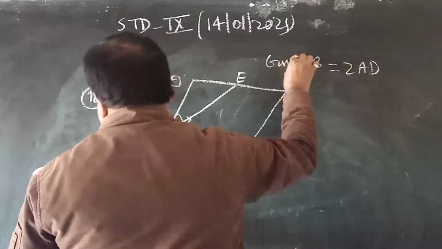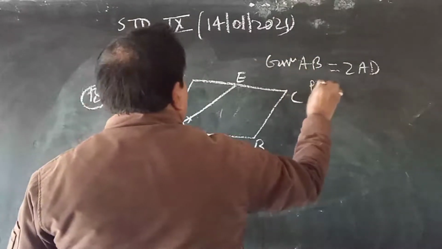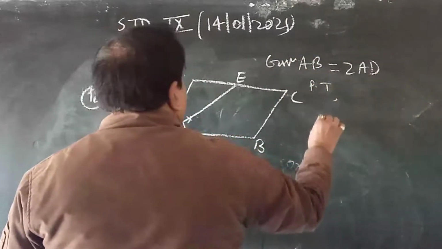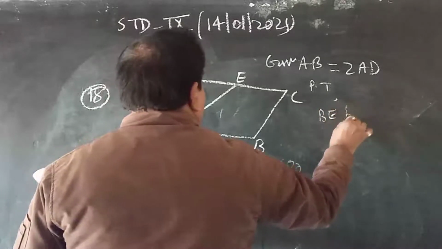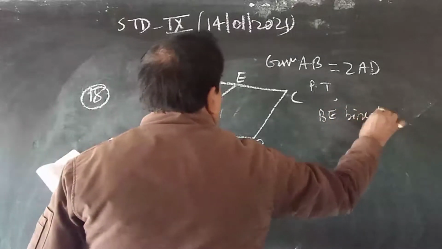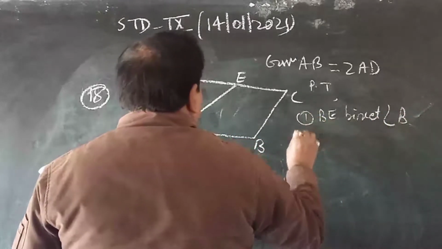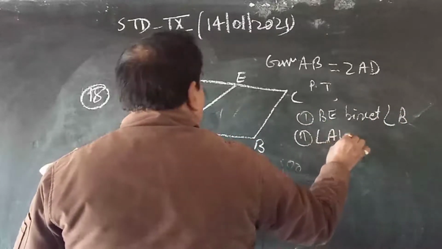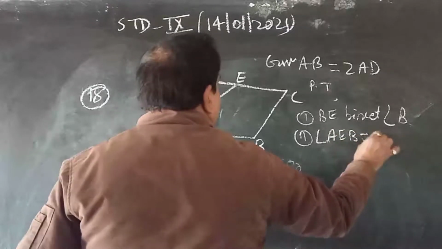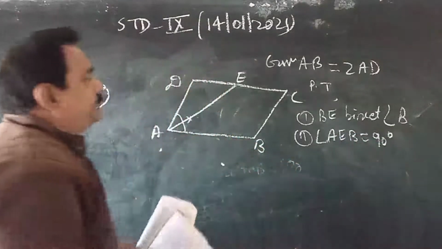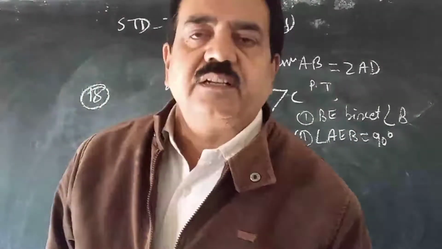Then we have to prove that, first, BE bisects angle B, and second, angle AEB is 90 degrees.